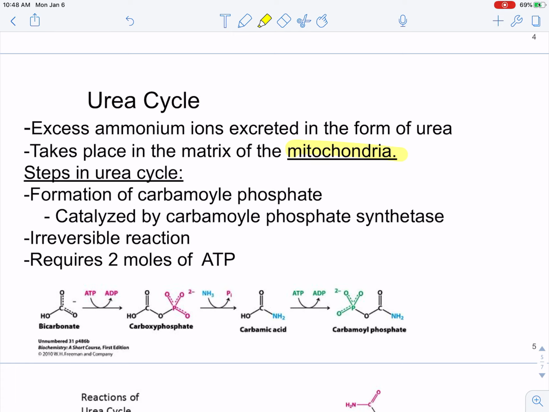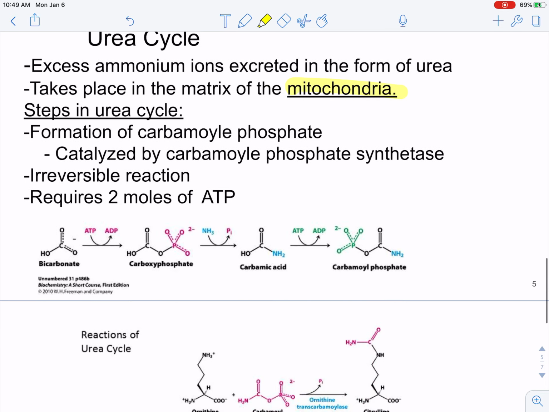And the steps involve the formation of carbamoyl phosphate, and this first step is catalyzed by carbamoyl phosphate synthetase, meaning that it requires ATP.